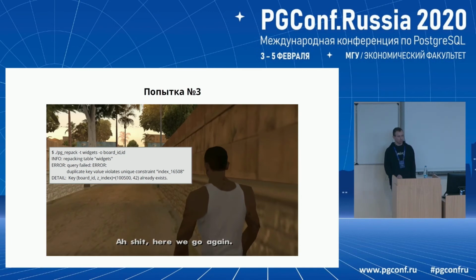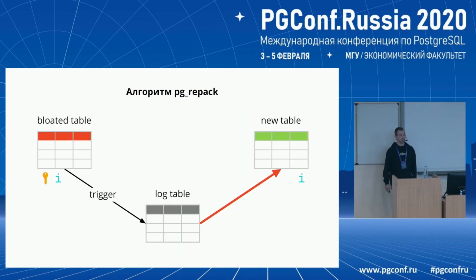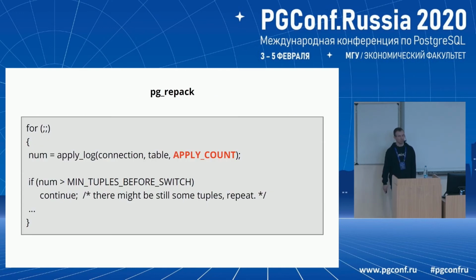It's one of these typical situations when everything works on test, but nothing works on prod. We went to PG repack, and the error occurred at the same stage, so it was like a batch update. Apply count is the batch size.